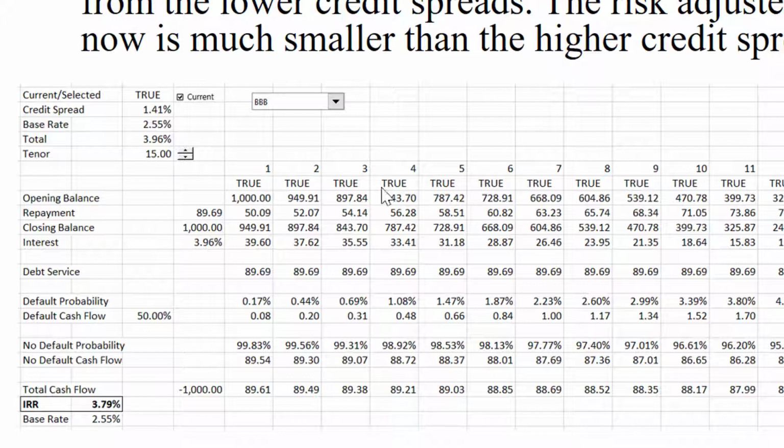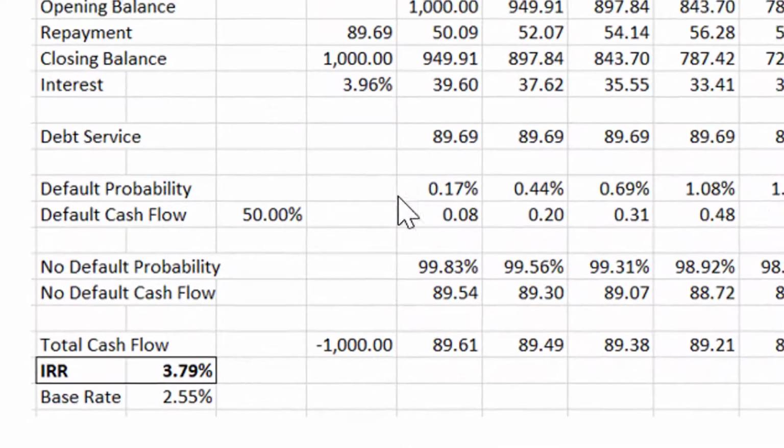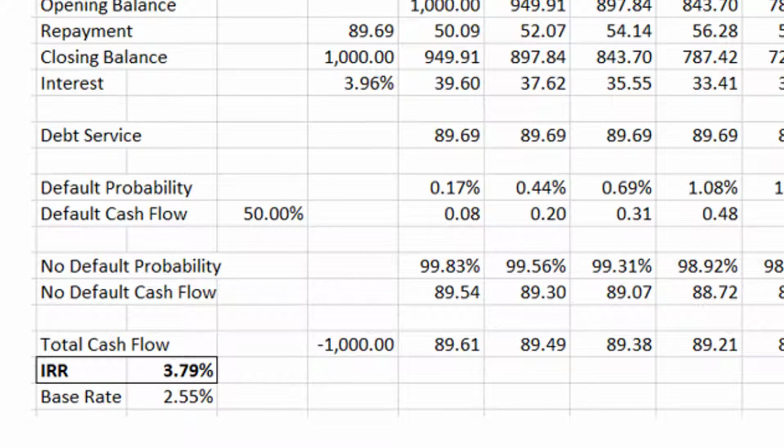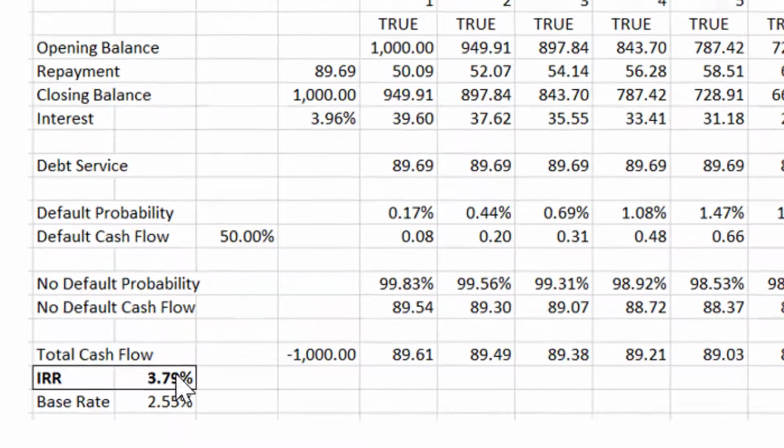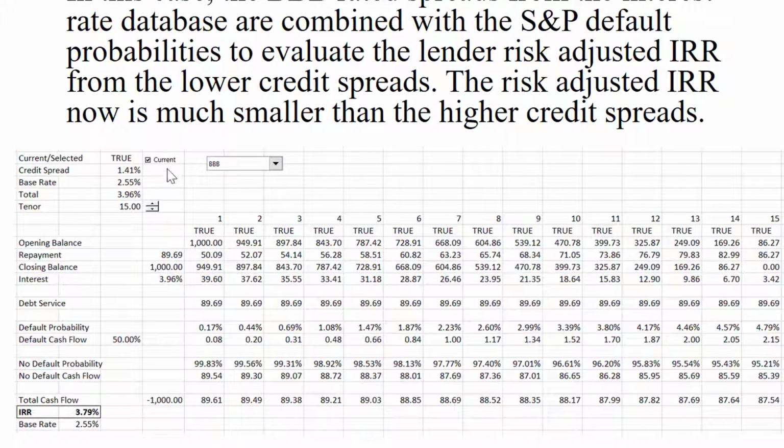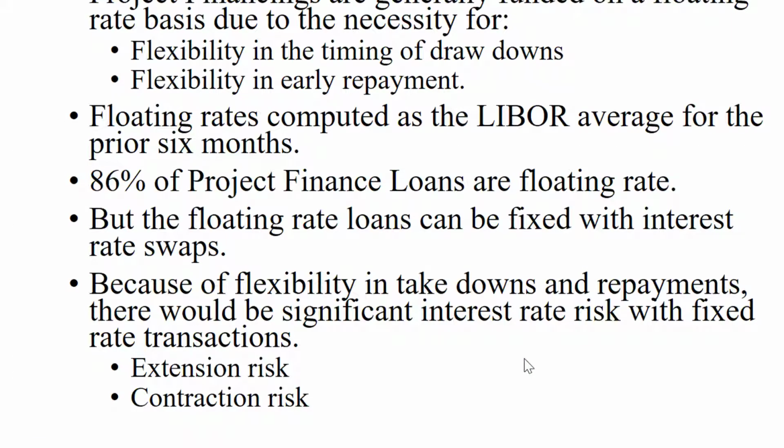And here's a triple B one. You get 3.79 after you account for this default probability. And I think if we would have put a triple B minus, maybe it would have been worse. Maybe in that case, the credit spread here would not have compensated. Now, that's a pretty low credit spread. It might not have compensated for all this default probability. And that's the theory. That's it.